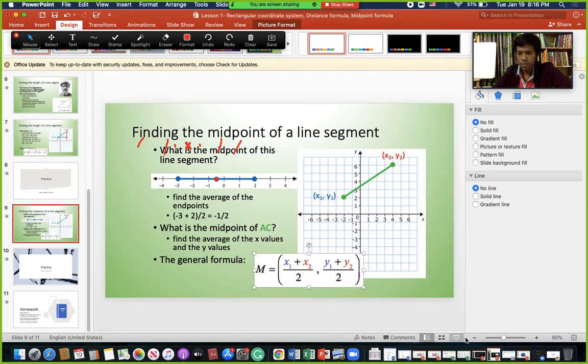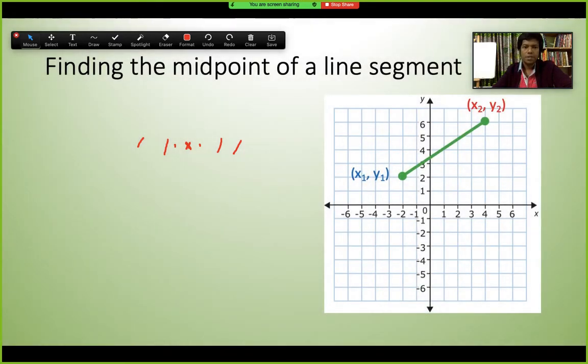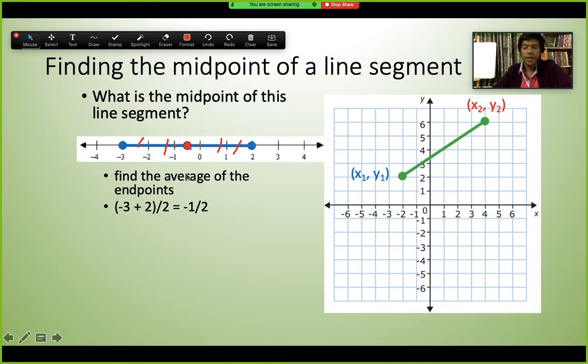I think now we can see it. So to find the middle of anything, we add the two numbers from both sides and then divide by 2 to get the midpoint.